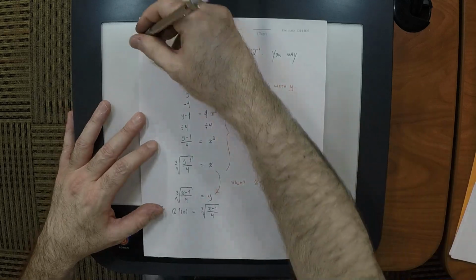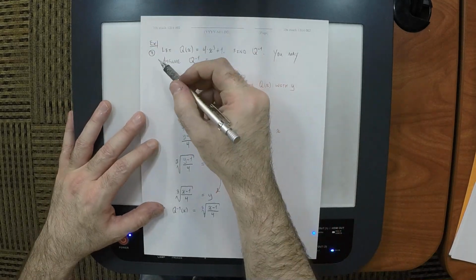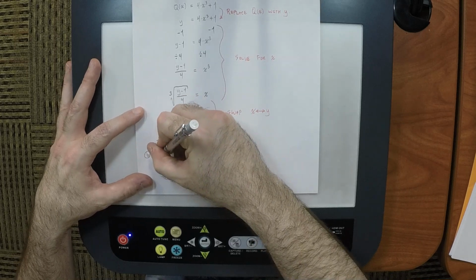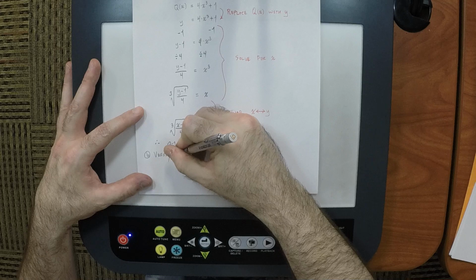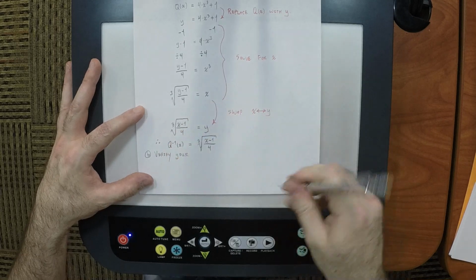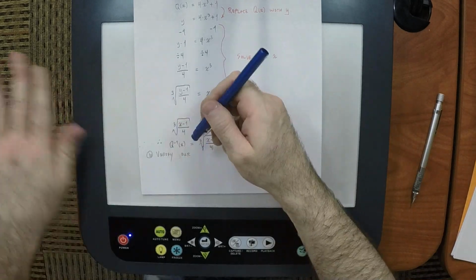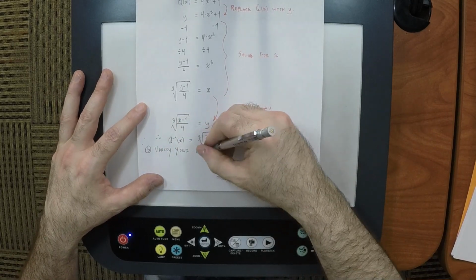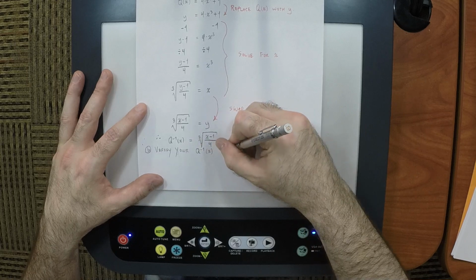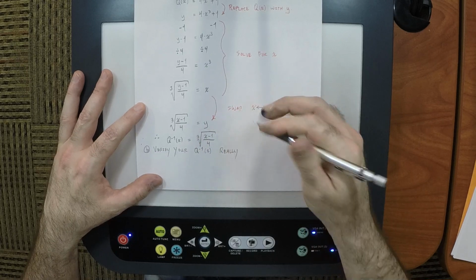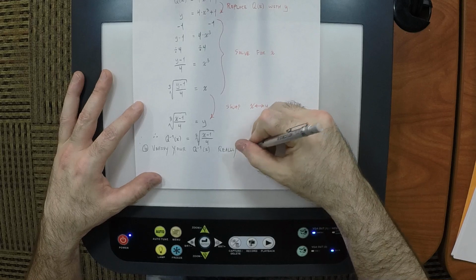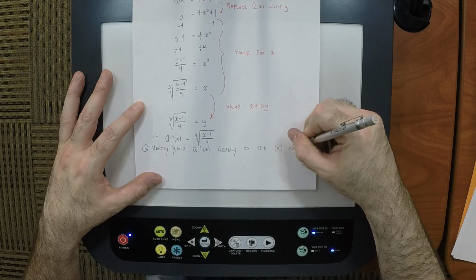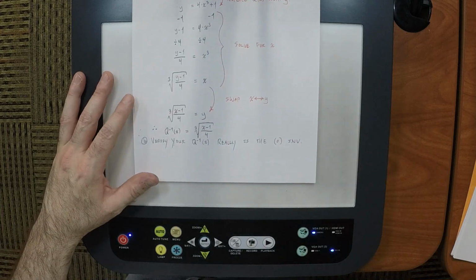So if that was part A, then part B, I could say, now verify your Q inverse of x really is the composition inverse. So how do you do that?